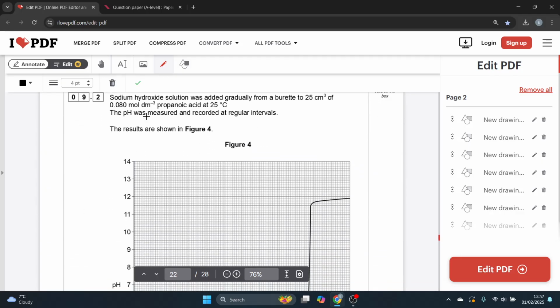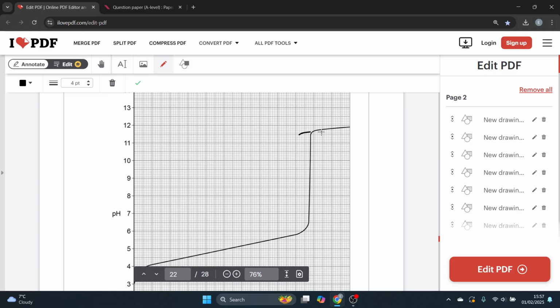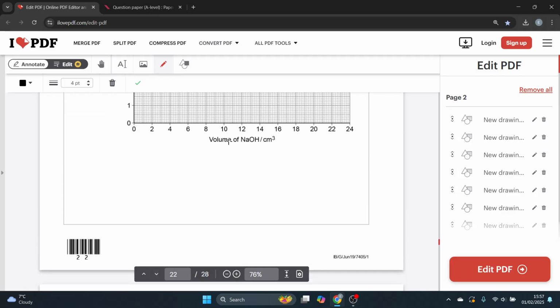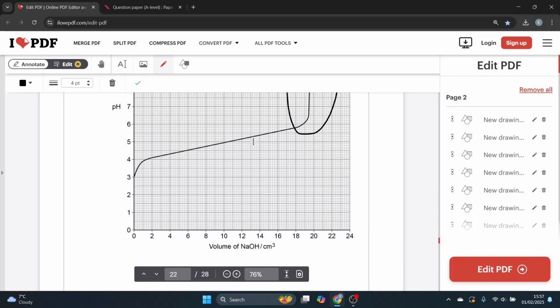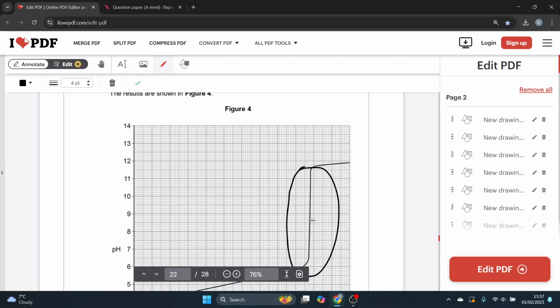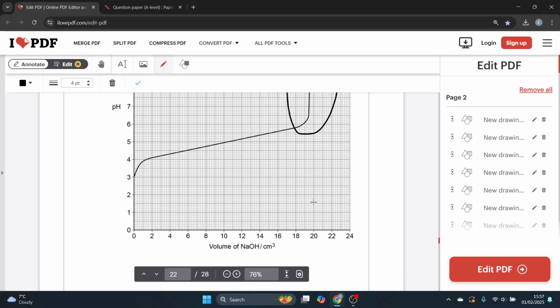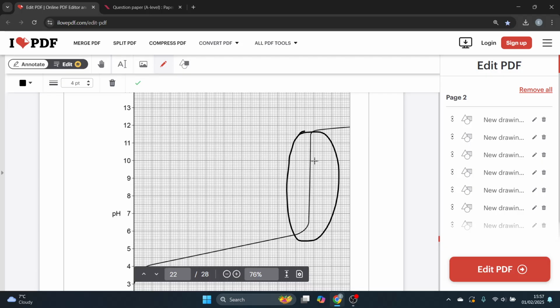Okay, so first things first, obviously, I need to look for the volume at half equivalence. So it's going to be here.